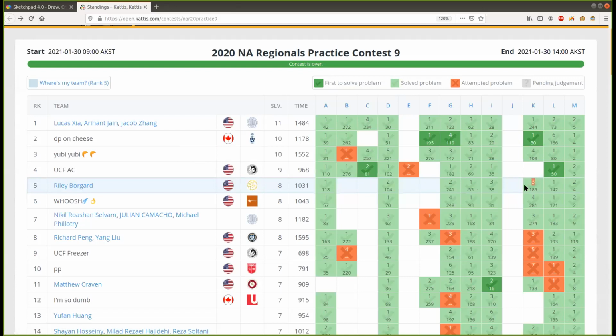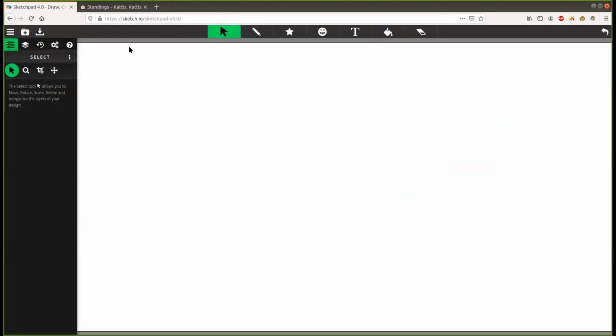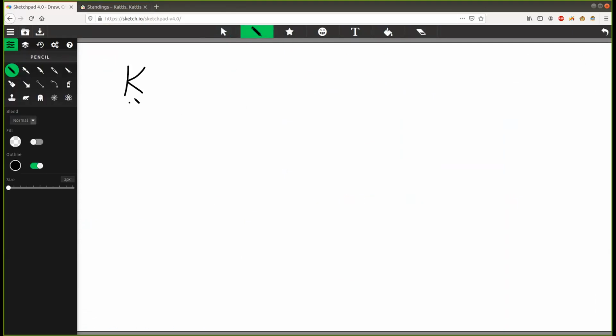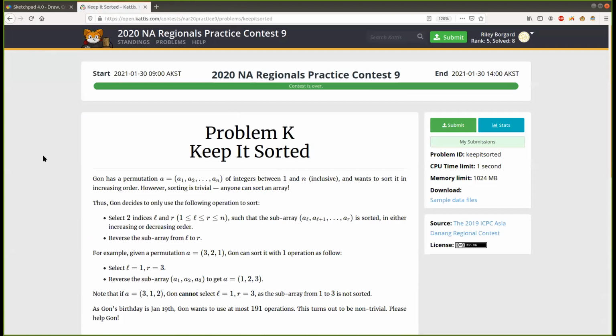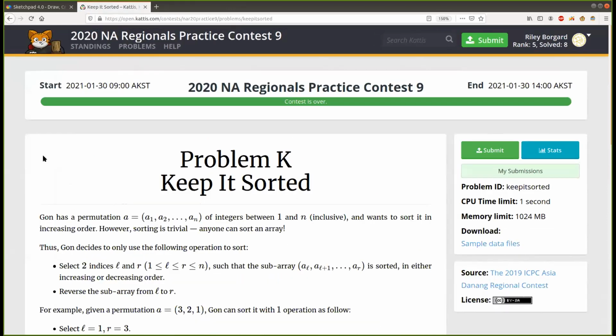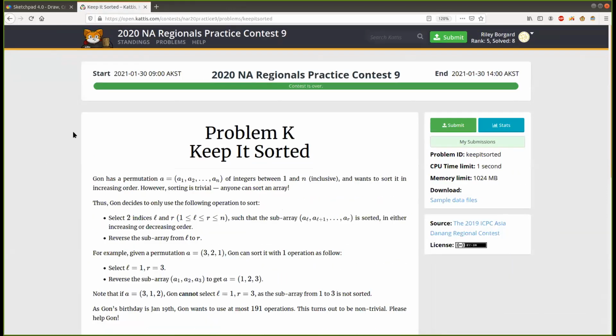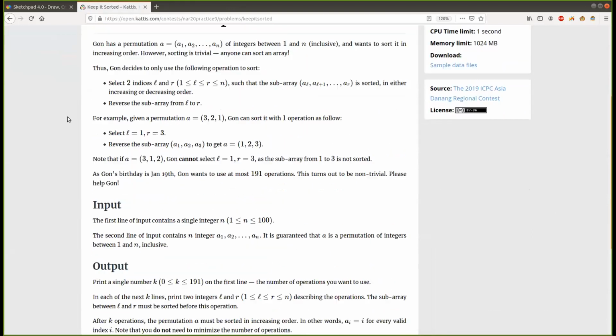It's the only other one I solved, I think. Yeah, we can look at K. I have some ideas about F too, but maybe I won't discuss. I think we can be done with K, because realistically we're not learning how to solve those. It's not too relevant for preparing for ICPC.